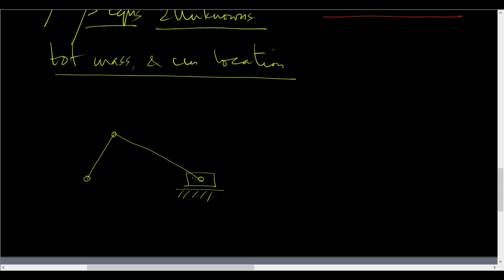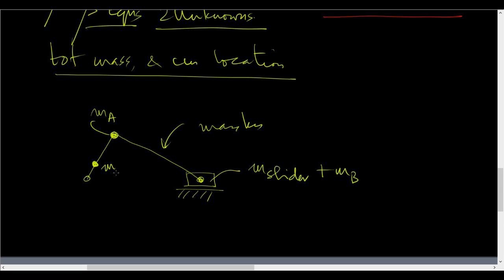But what happened is this point mass can be assigned to the slider. So M slider plus MB. This is massless. Now over here I have MA, and over here, somewhere over here, I have M of the crank, right?